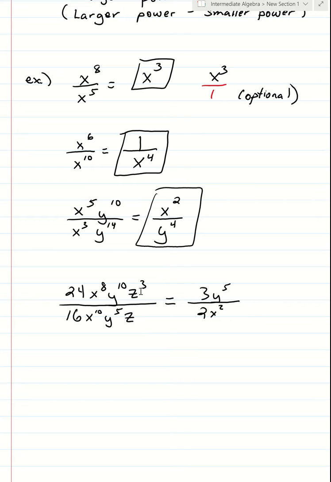Since the exponent 3 is larger than the exponent of 1, we will keep z in the numerator. And when we subtract, 3 take away 1, we get z squared. And that would be your simplified expression. That's what the laws of exponents allow us to do: simplify these expressions.